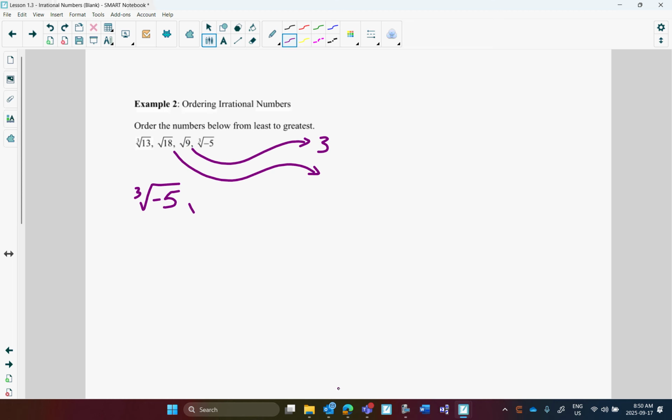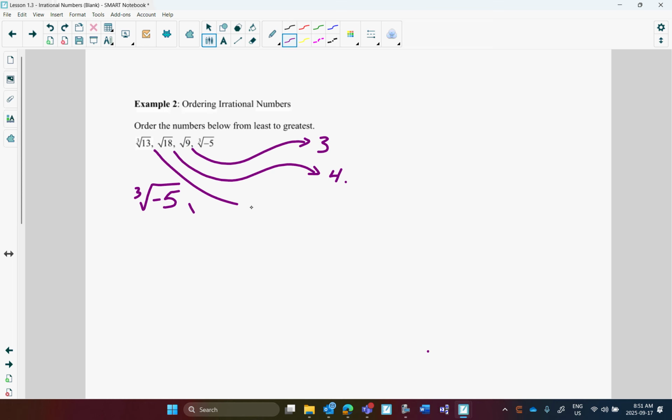Yes. And we know the square root of 16 is 4, right? So doesn't the square root of 18 must be 4 point something? We have no idea. And it doesn't matter because we're only ordering these. So I know this is bigger than this. So square root of 18 is bigger than the square root of 9.